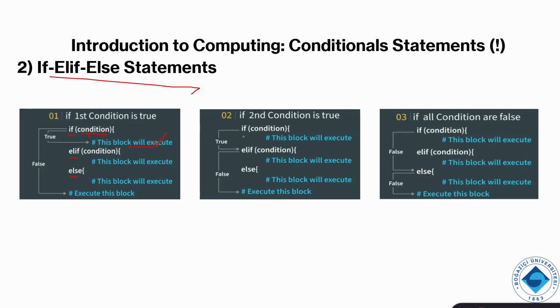But in the second case, if the condition is not correct here or does not meet the requirement of the if condition, it will skip this block, it will not run it, and it will check the second one. It is the elif condition. If it is true in this condition, then it will be executed here, right? Otherwise, if the condition doesn't meet any requirements after if and elif, it will go to the last option, which is else, and this block will be executed, right?